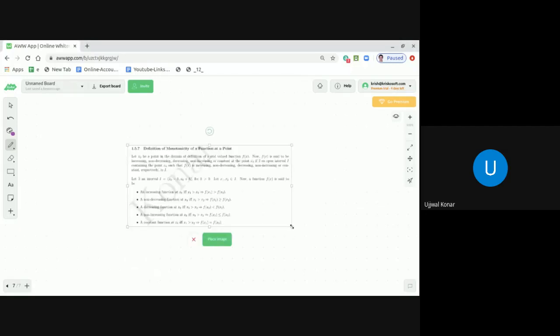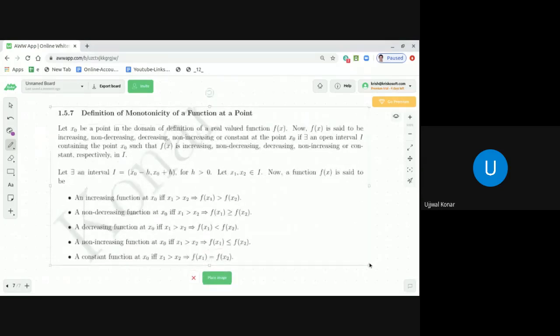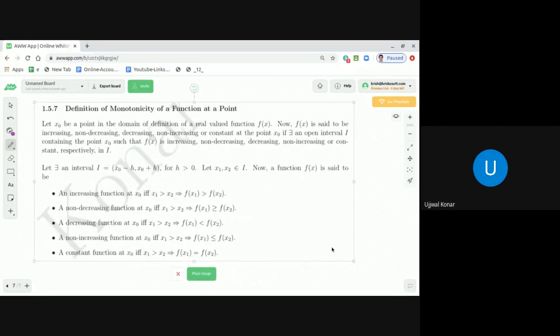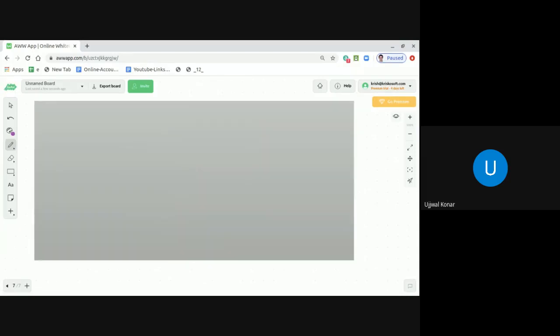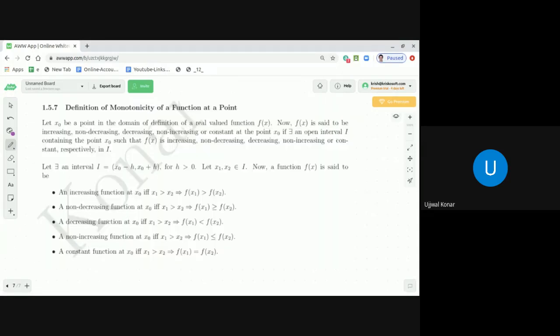So what is the definition of monotonicity of a function at a point? Let x0 be a point in the domain of definition of a real valued function f(x). Notice this particular point, dear students.